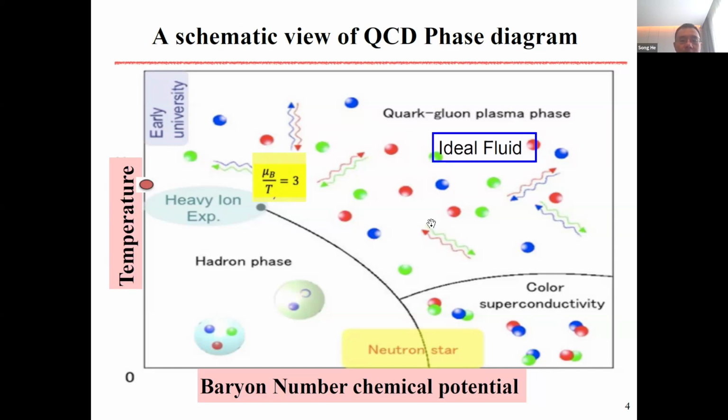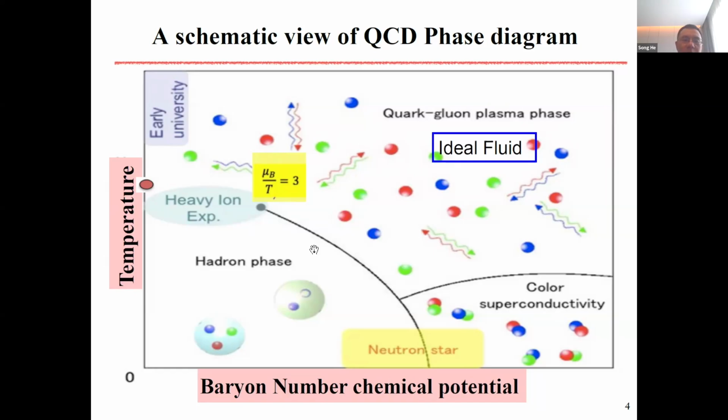In this talk, we mainly focus on this part and this part. There must be some first order phase transition, which is expected in the literature from phenomenological or effective field theory and first principle calculations.